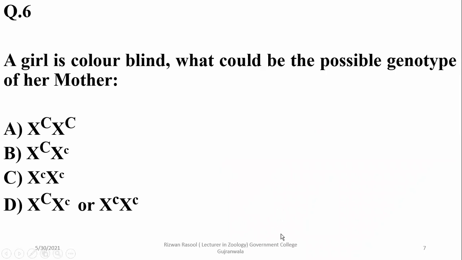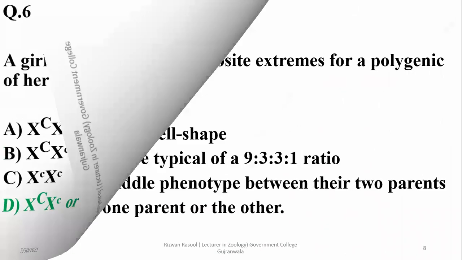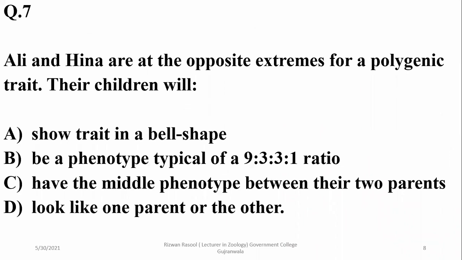A girl is colorblind. What could be the possible genotype of her mother? The possible genotype of her mother is carrier, or homozygous recessive, because a girl receives one X from the father and the other X from the mother. Ali and Hina are at opposite extremes for a polygenic trait.